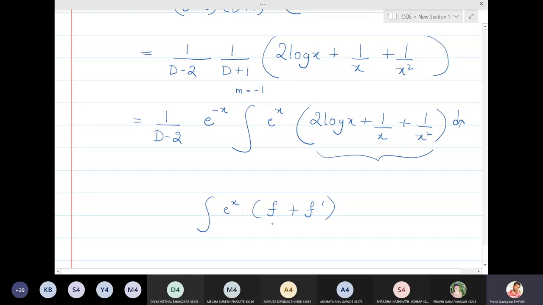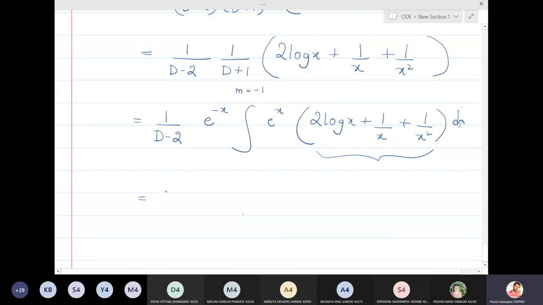If I take f as 2 log x, the derivative of 2 log x will become 2 upon x. So for 2 log x, I am going to need a term as 2 upon x. So I should add 2 upon x in this particular bracket, so that the derivative of 2 log x, 2 upon x, will get adjusted.